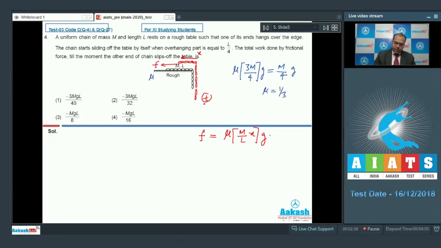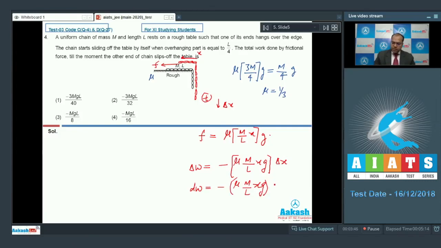In time dt, let the chain move further downward by a distance delta x. Then the work done delta W by the friction can be written as minus mu into m by L into x into g, that is the friction, into delta x. Now in order to convert this equation into differential form, delta W is equal to minus mu m by L x into g.